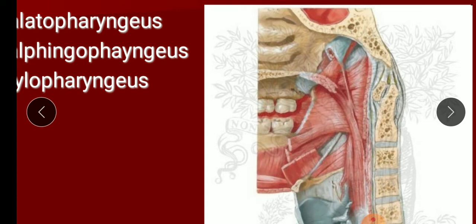Second one is salpingopharyngeus. So anywhere you hear or you see a muscle starting with salpingo, it will be very closely related to auditory tube. Fine. So this is the auditory tube here, and you find this is the salpingopharyngeus muscle. Fine.